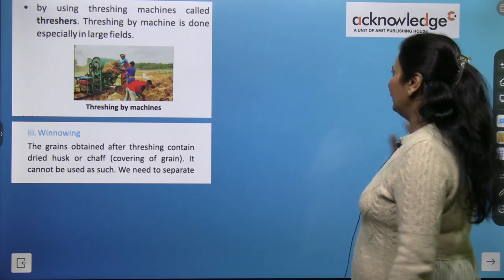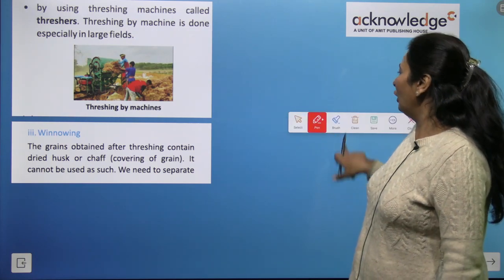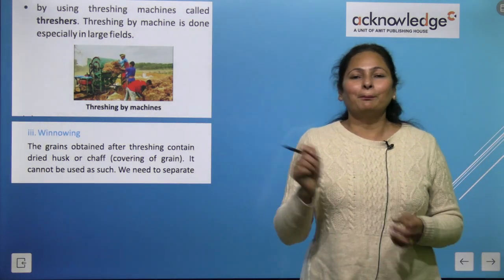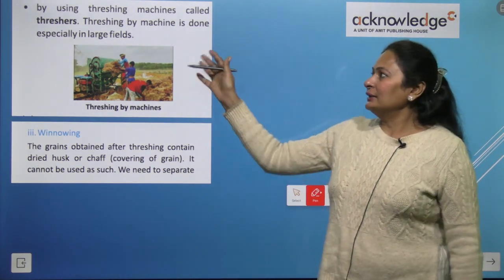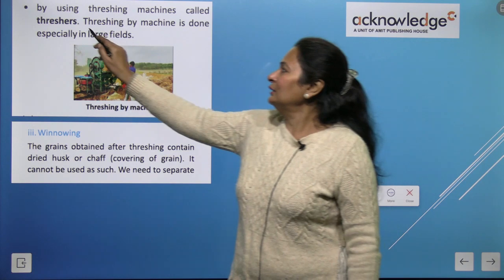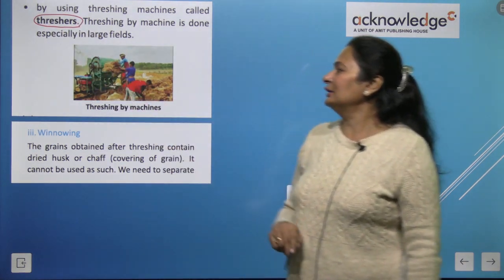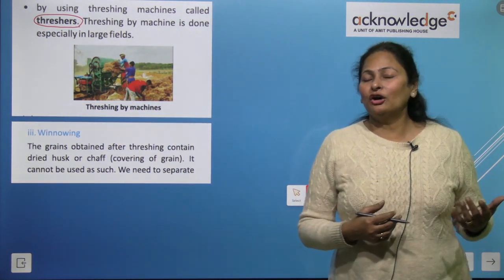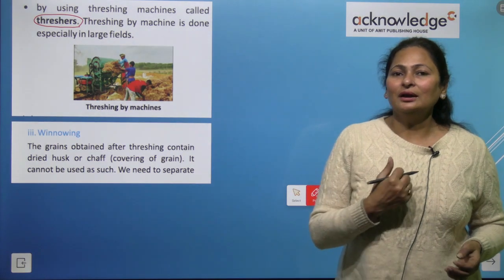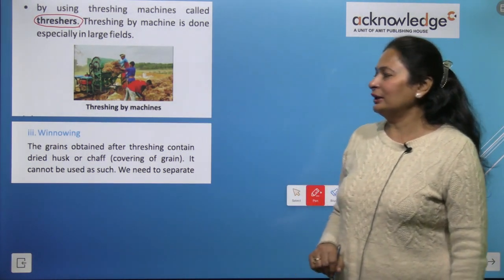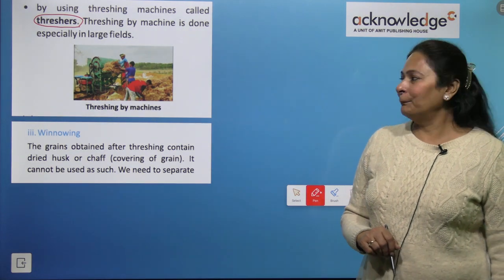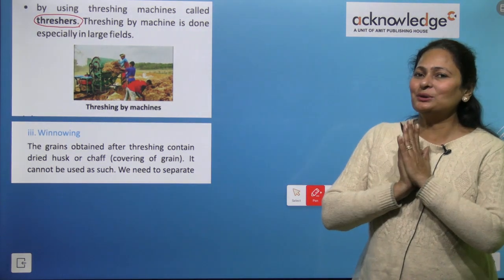We are using threshers because it is not possible to do it manually or with the help of bulls. A thresher is used for the separation of grains from the stalk, right? Here you can see in this picture threshing by machines, right? So have you understood?